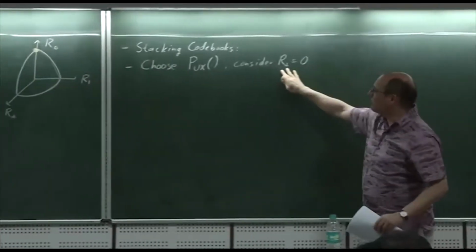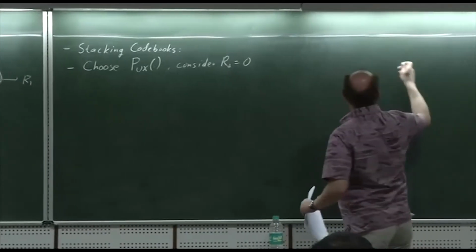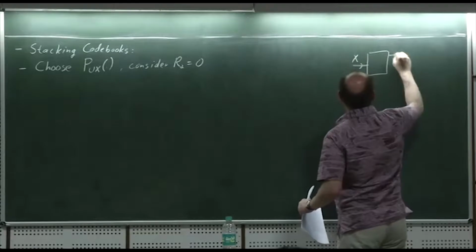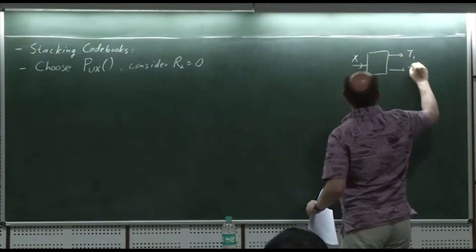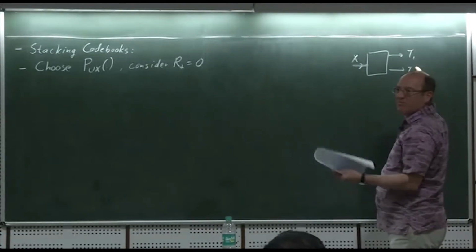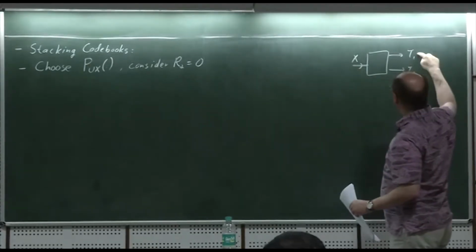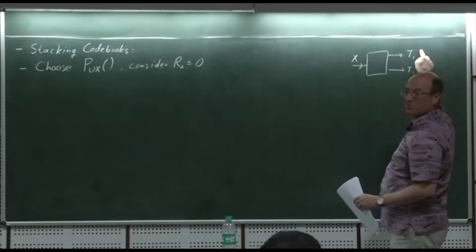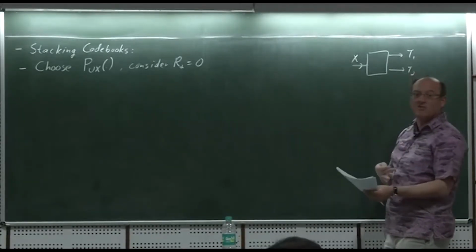The reason for considering R2 equals 0 is because what we're thinking of is a case where in our broadcast channel, X, Y1, Y2, one of these channels will be better than the other in a very precise sense. So suppose this is better than that, then of course anything I send to this channel I can decode here too, so I may as well consider it to be common message.